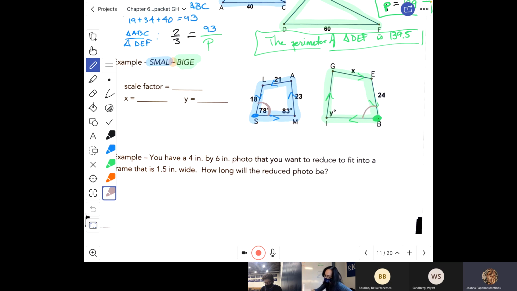So angle B is what degree measure? So what angle corresponds to angle M? Y. So Y is what? 83 degrees, right? Do you see that? It depends on where you start. You have to look at corresponding angles, corresponding sides. Order matters. Order matters in your similarity statement.